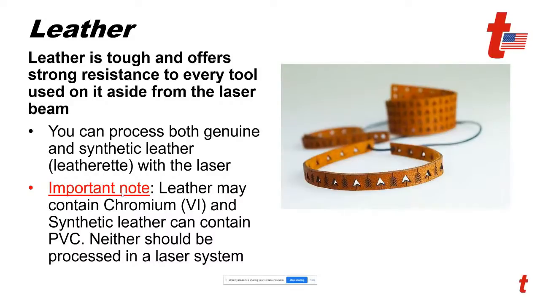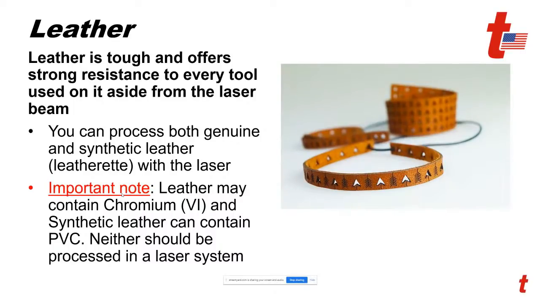And then also natural leather. There is one type of natural leather out there that, in rare cases, has been tanned or finished with chromium IV. Chromium IV is very dangerous when burned and can be dangerous to your health. So you want to stay away from leathers containing chromium IV. I would say about 98% of the natural leathers that you buy do not contain this.